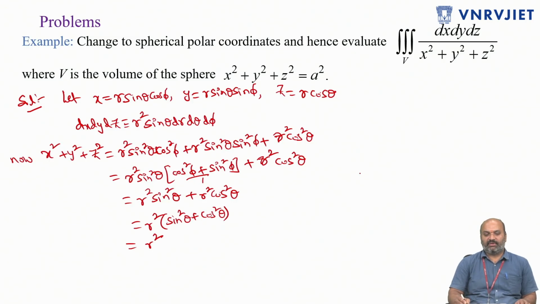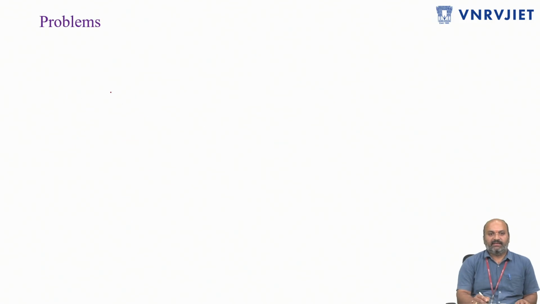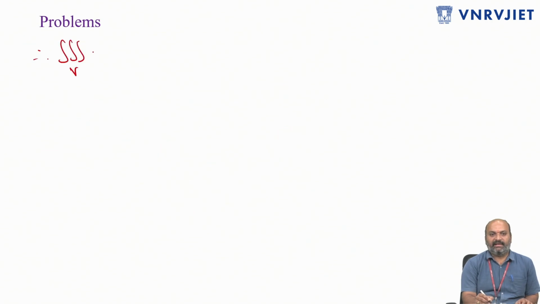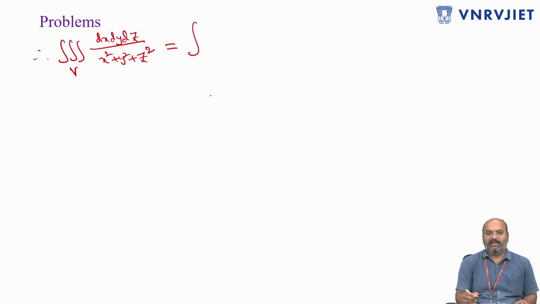Now let's substitute in the transformation and evaluate the integral. The triple integral over the volume V of dx dy dz divided by x² + y² + z² is equivalent to the corresponding integral in spherical coordinates.